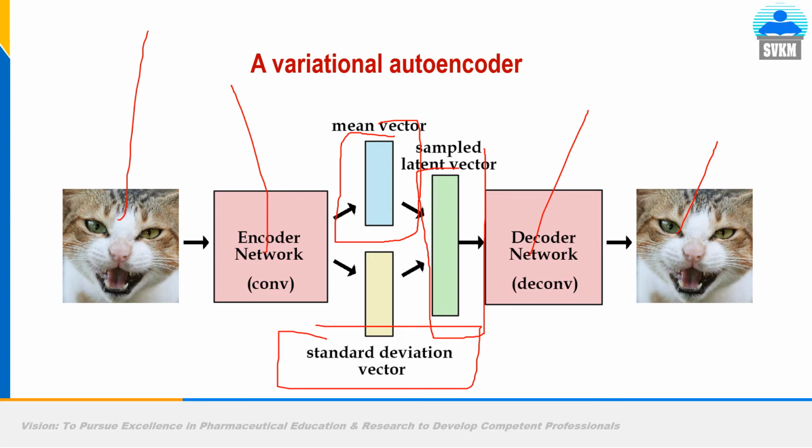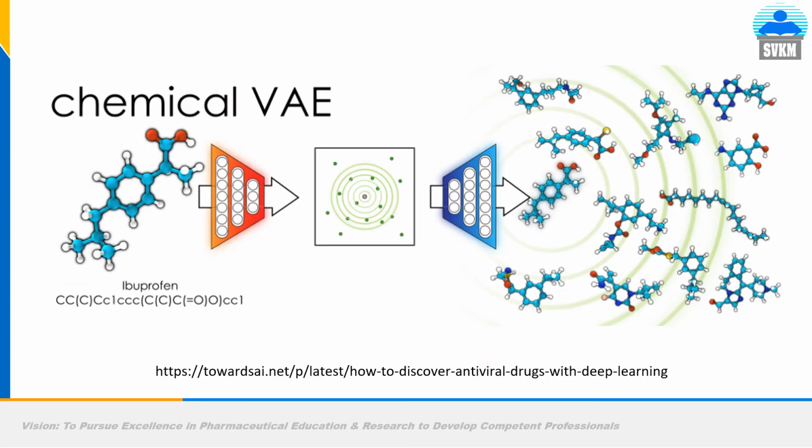For example, you have shown thousands of images of cats to a variational autoencoder. From those images, it will identify different means of features and SDs of the features. Then it will keep all the close features together so that during generating or sampling, it will generate only those images which are perfectly cat.